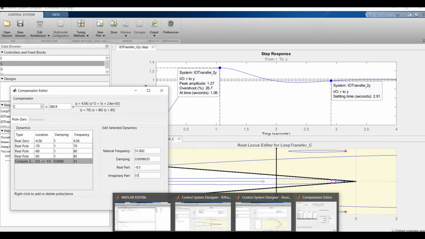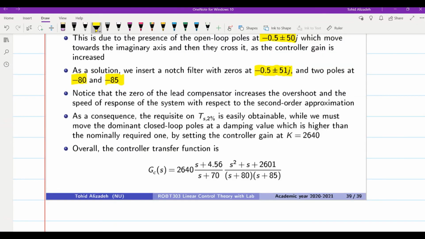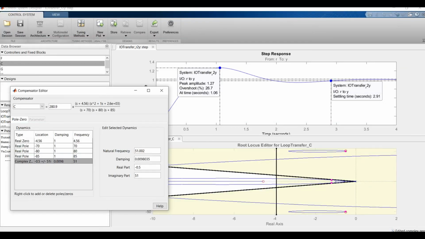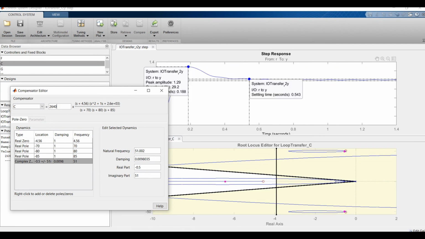We go back here. Okay, now we have it. In terms of the gain, we need to set it at 2640. And you can see the step response that we have here.